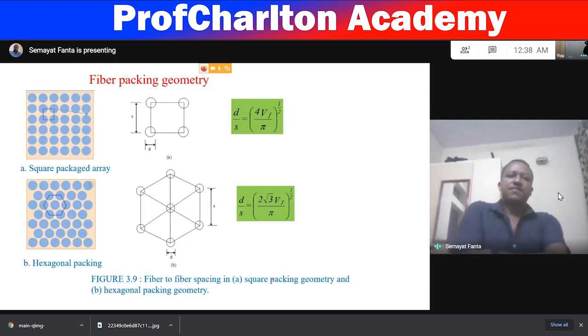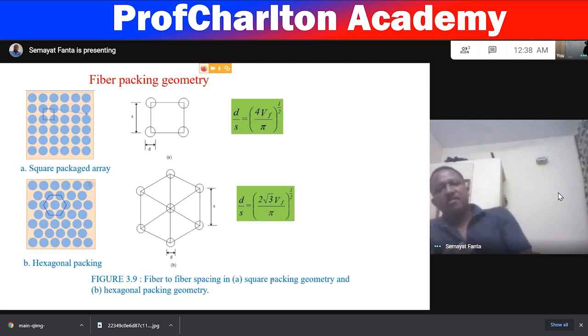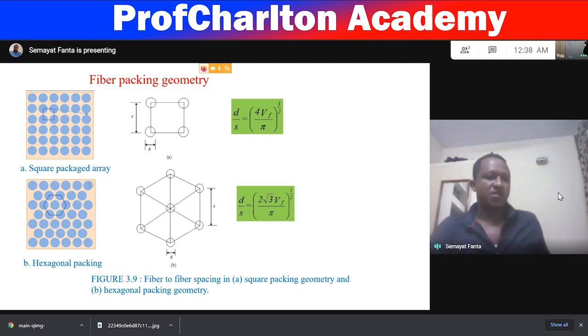Now the fiber packaging geometry or array: how can we package? Sometimes we use a square array of fiber or a square packaging of geometry, or sometimes a hexagonal package.